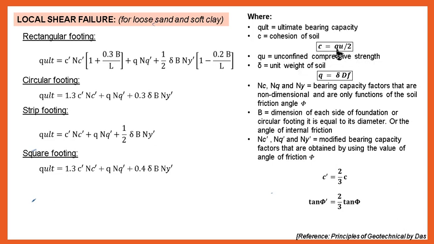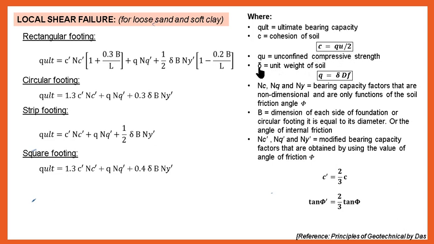Okay? So, baka pag anuhin nyo yan na parehas. Iba yung q sub ult kasi yan is the ultimate bearing capacity and iba yung q sub u, that is the unconfined compressive strength. So, para makuha natin yung cohesion, pag hindi given sa problem, that is the qu over 2.